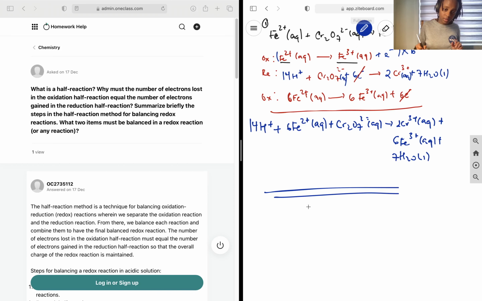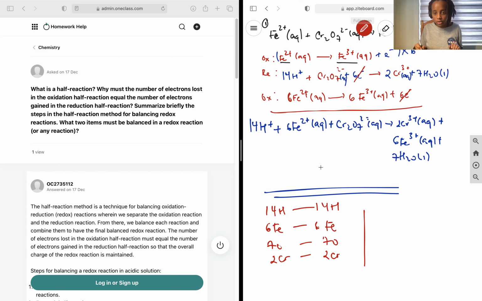So let's just do the final step of double checking. And so 14 H, 14 H on both sides, 6 iron, 6 iron, oxygen, 7 oxygen, 7 oxygen, 2 chromium, 2 chromium.